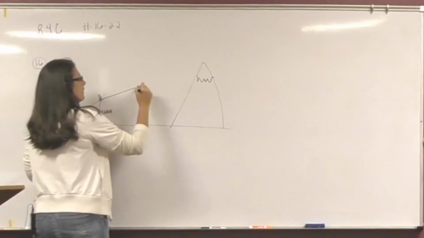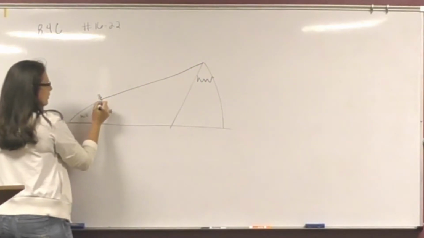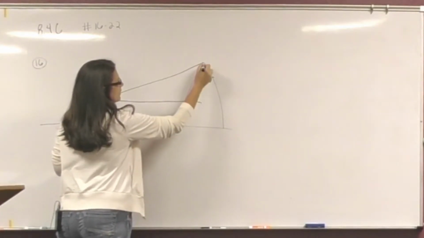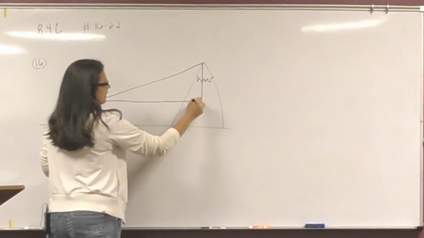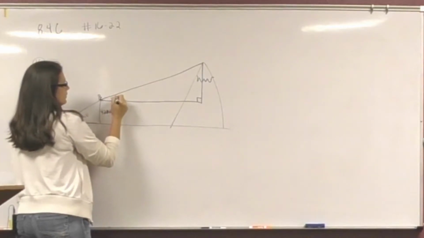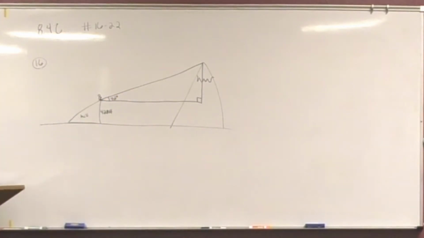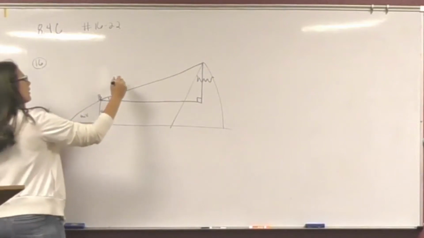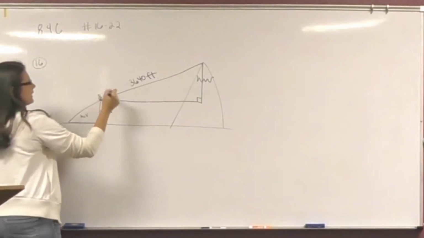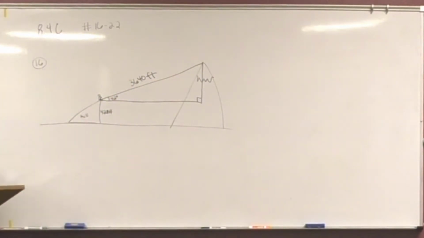So what we have to do is draw a line that is parallel to the ground. This is a 42-degree angle. The next thing we're told is the mountain peak is 3,640 feet away from her. So from here to here is that distance.